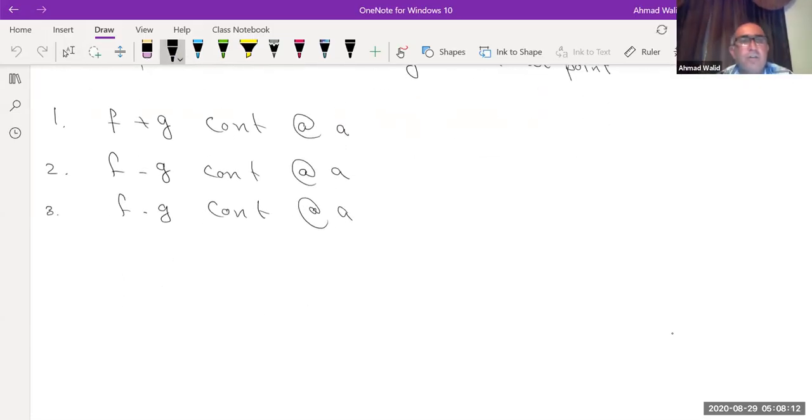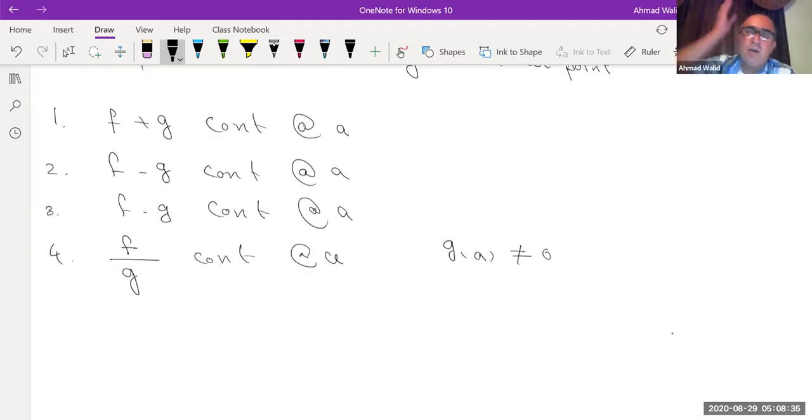Last, for operations, number 4, f over g is continuous at A, but be careful, g of A cannot be 0. Because if it's 0, it means you have a hole or an asymptote, not a gap. You can have these two because it will be a rational function. f over g is a rational function, correct? You can write these properties.